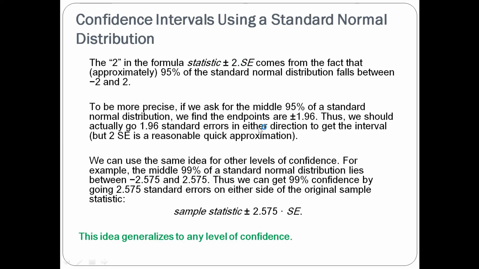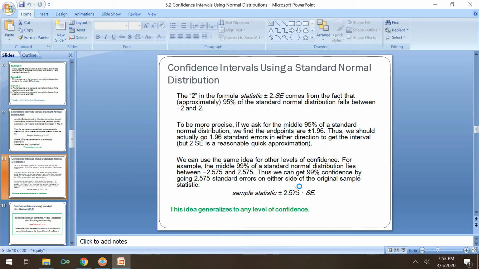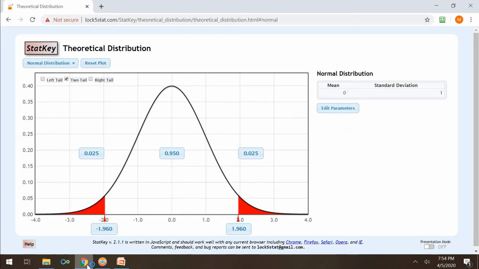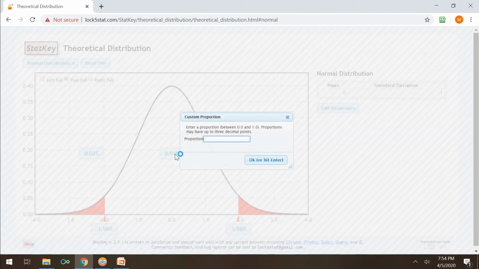We can generalize this idea to use any different type of confidence interval. So for example, if we want to use the 99% confidence interval, we can go back to the standard normal distribution and choose the 99 to see what z numbers correspond with it.